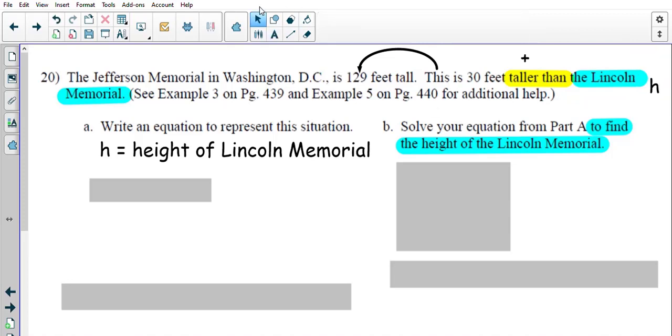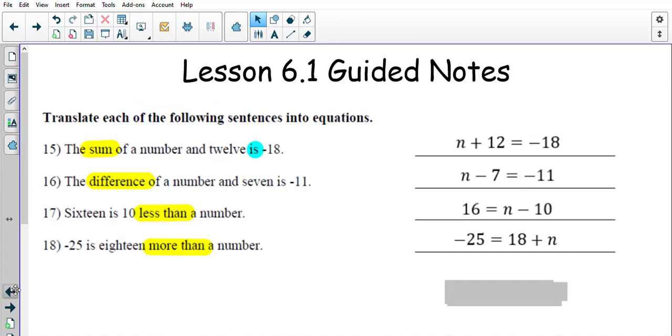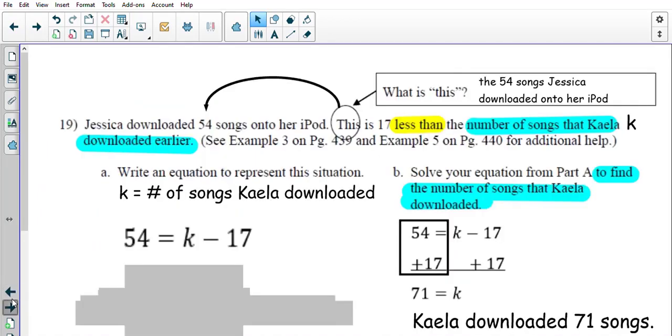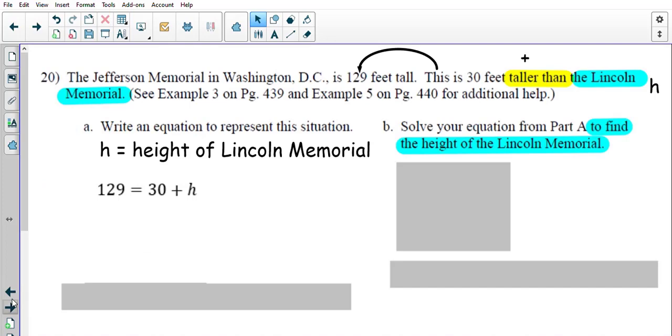So my equation is 129 equals 30 plus h. Just take it basically word for word and translate it. It's not quite as easy as these questions here because there's a lot of other words around it, but it's very similar if you break it down and just pull out the extra words. Let's go ahead and solve this.